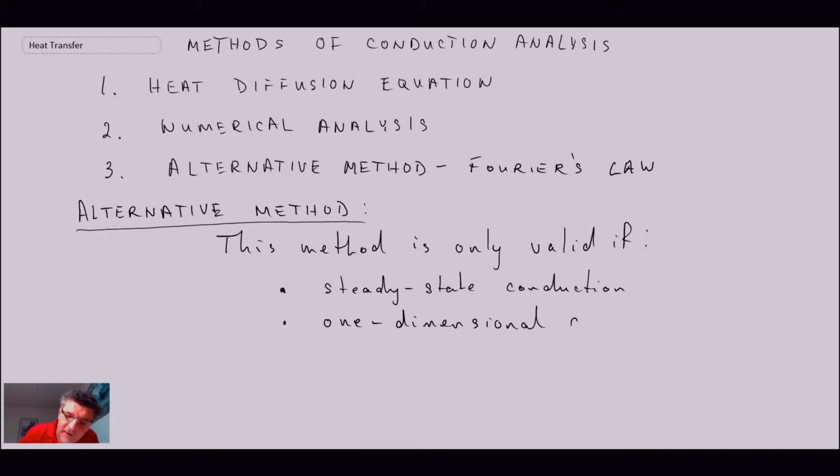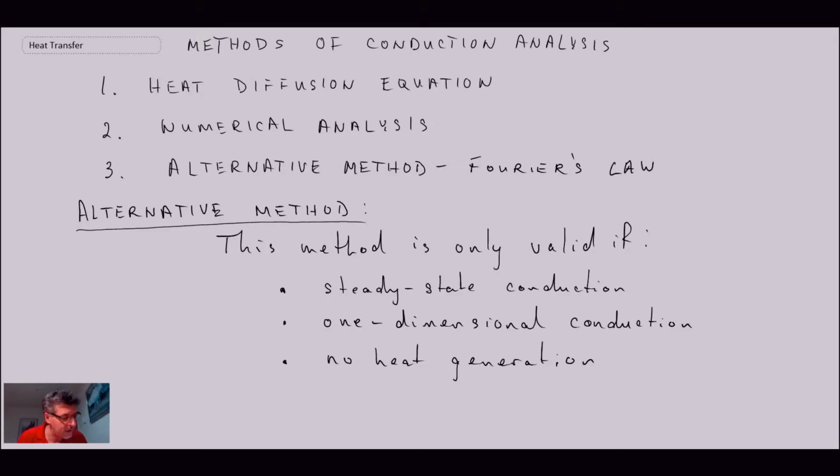So basically the only change is in the radial direction for cylindrical or spherical. And the final restriction is no heat generation. So if we can make those three restrictions, then we can use this alternative method.